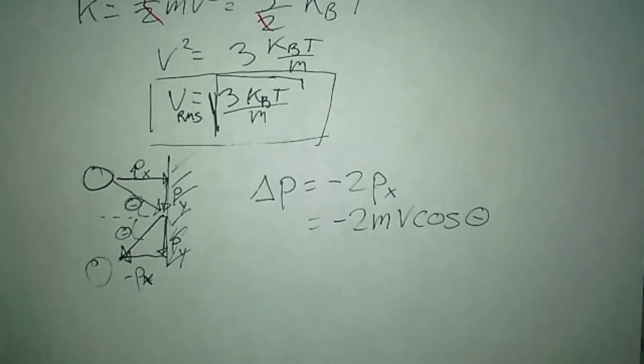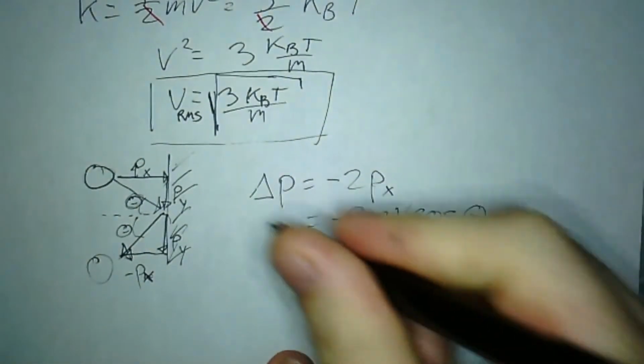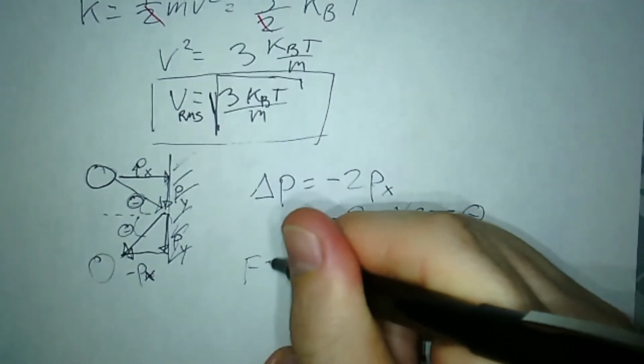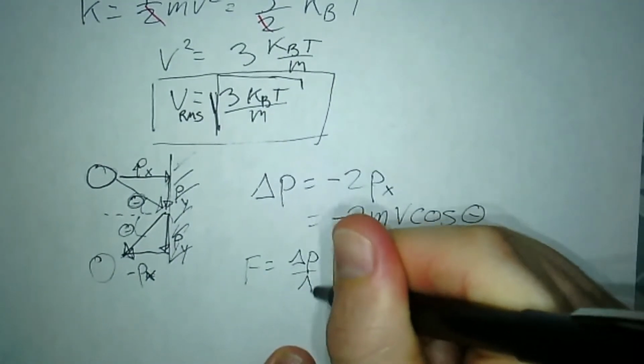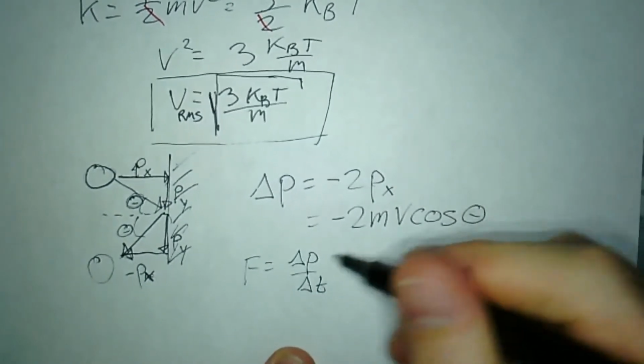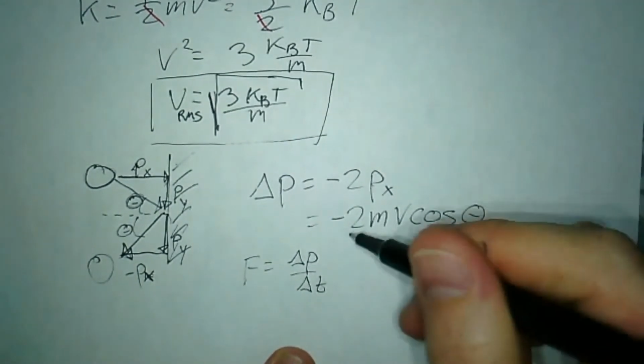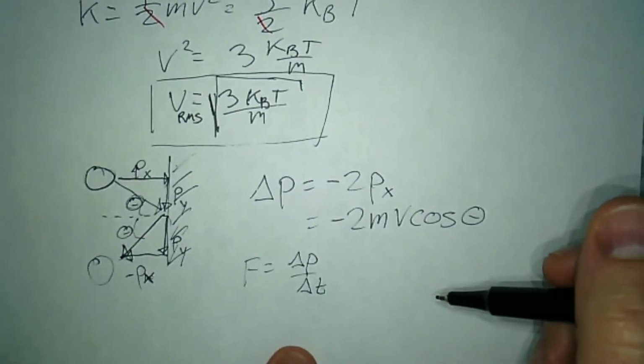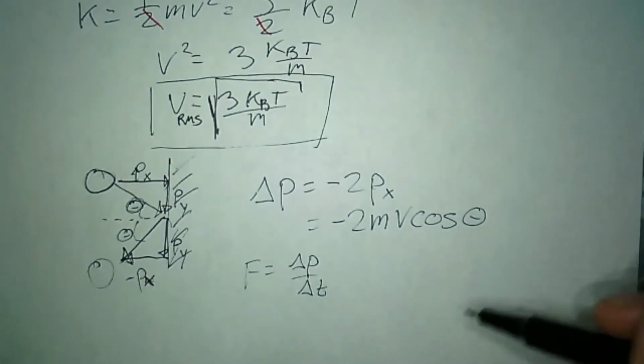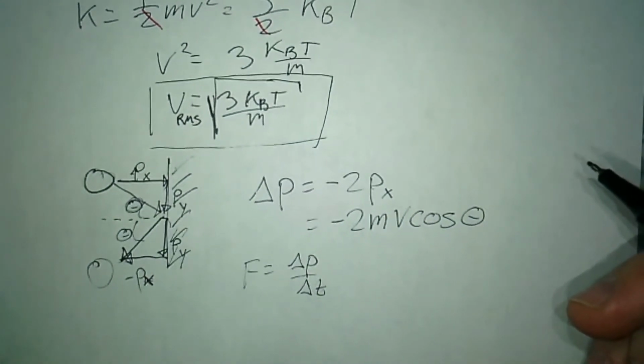So now, if I want to figure out the force each particle delivers, I need to know how long that collision lasts, because I could say force equals delta p over delta t. If I can figure that out, then I can figure out that force. Or maybe I already know the total force from the pressure.